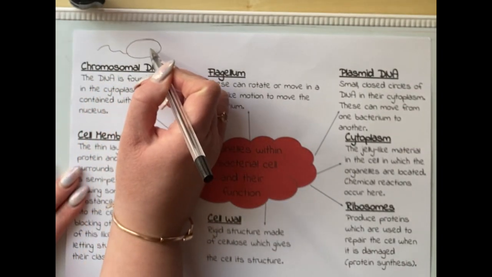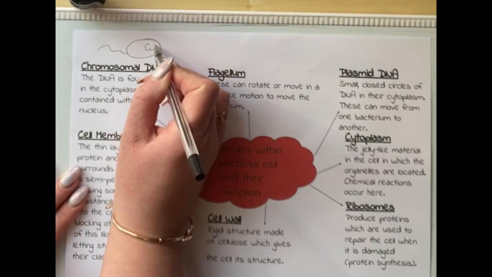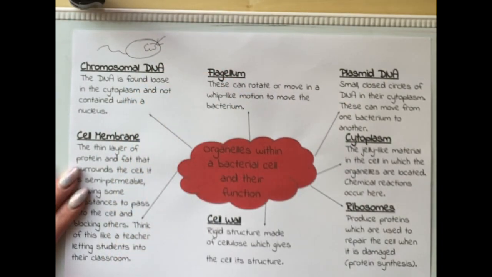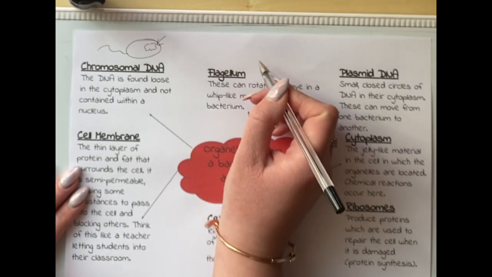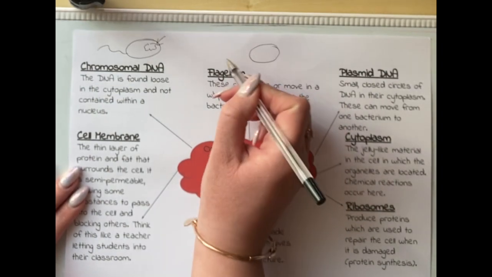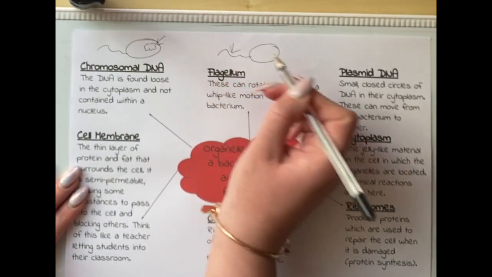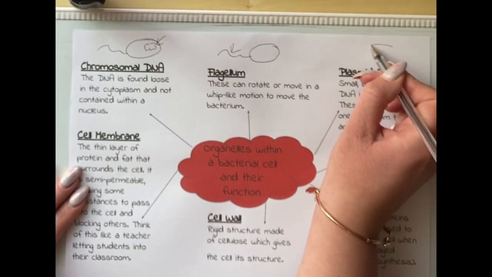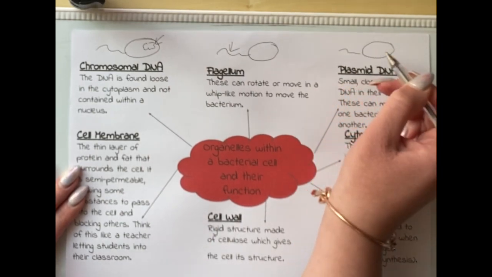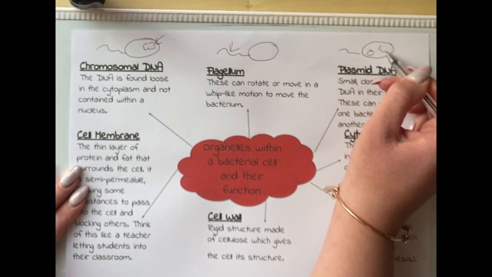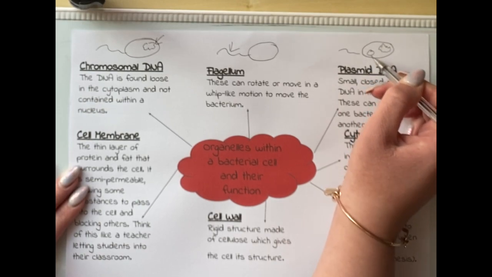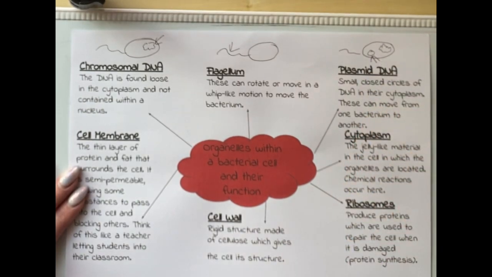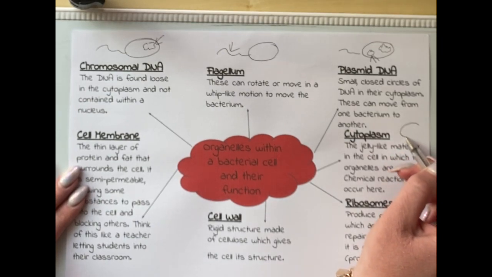And remember, they contain DNA, but this DNA can move from bacterial cell to bacterial cell. The next is the cytoplasm. Remember, this isn't really represented by anything other than empty space. This is where chemical reactions happen. Next are ribosomes, which is where protein synthesis happens, and these are represented by small dots.